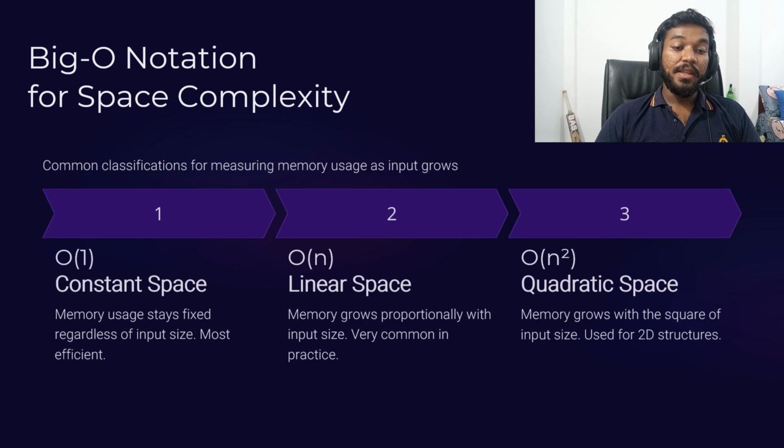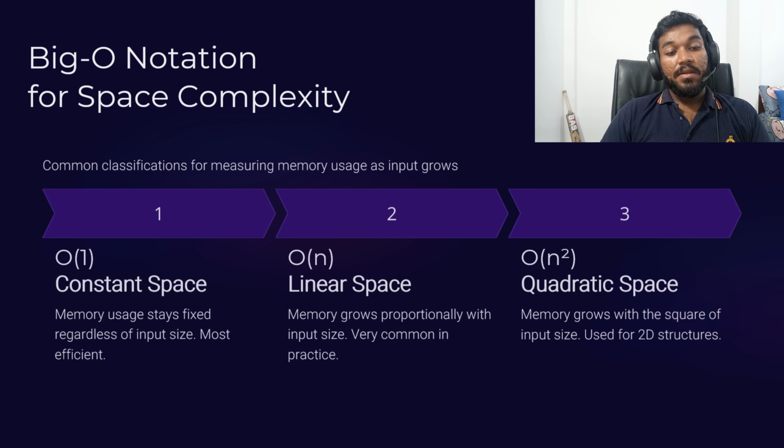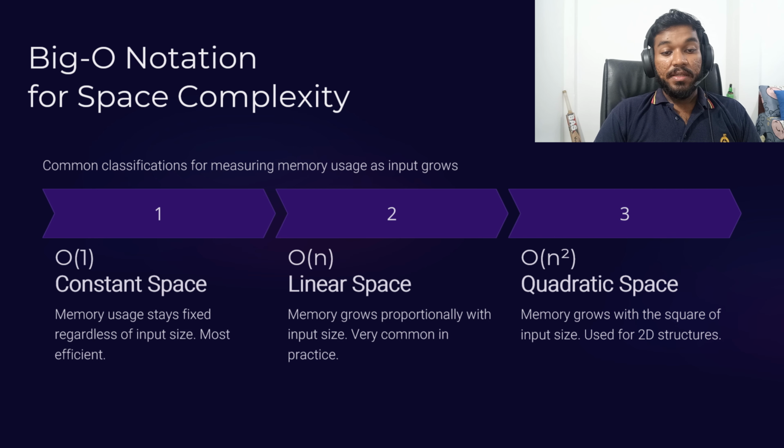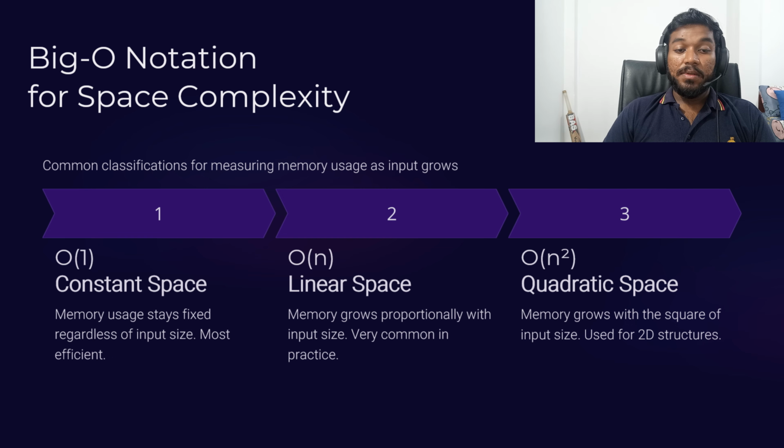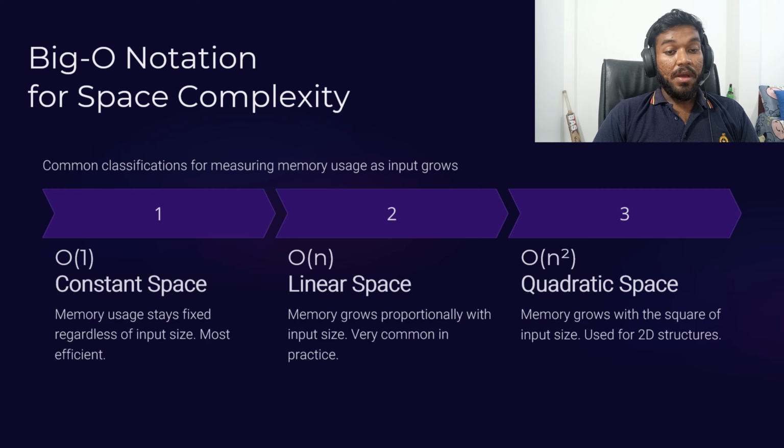Example, storing an array of n elements. O(n squared) represents quadratic space, commonly seen in 2D arrays or matrices. Example, an adjacency matrix for a graph. Big O helps us understand how memory use scales.